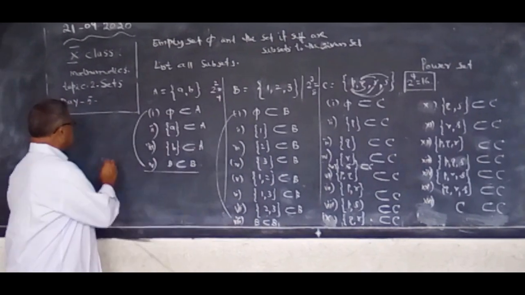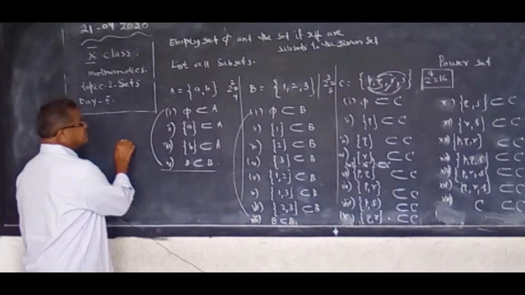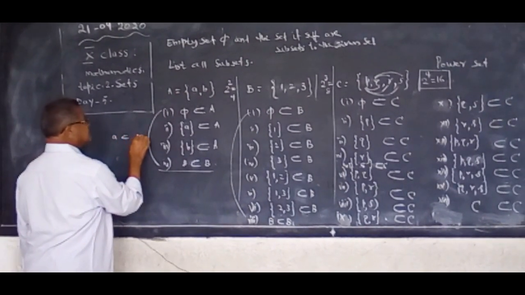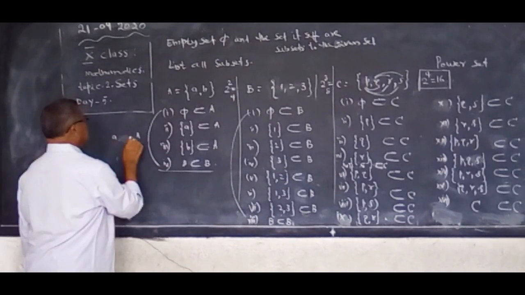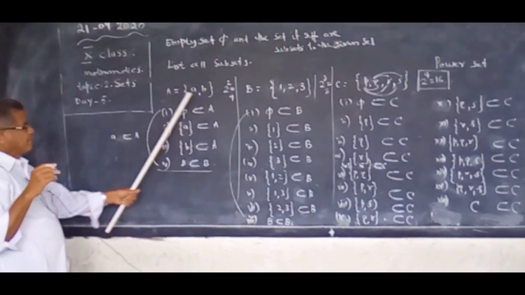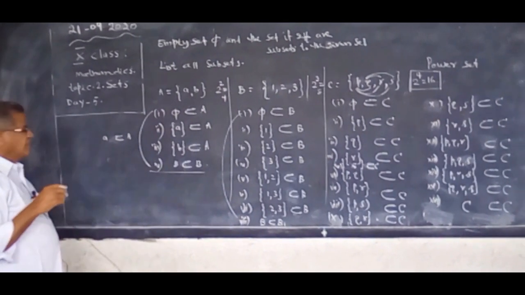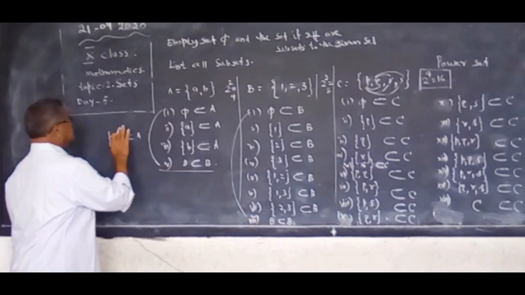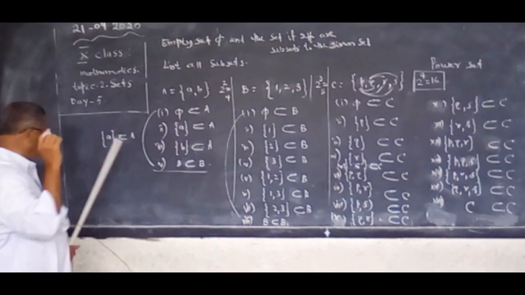And simply writing A is not a subset. A subset of C, this is wrong. This is an element A. This is not a set. How to make it a set? It should be enclosed in brackets.